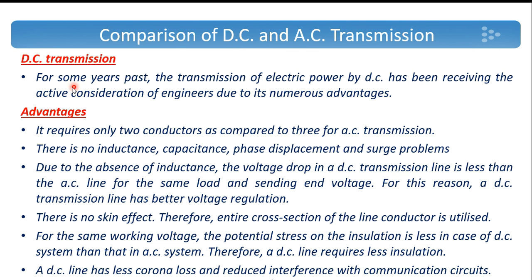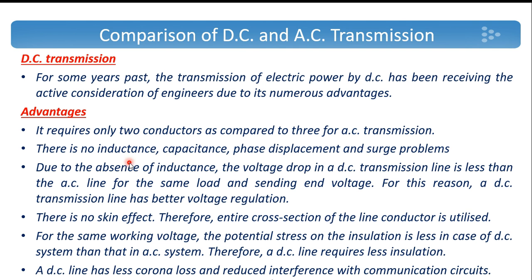In DC transmission, for some years past, the transmission of electrical power by DC has been receiving the active consideration of engineers due to these advantages. The first advantage is that it requires only 2 conductors as compared to 3 for an AC transmission system.